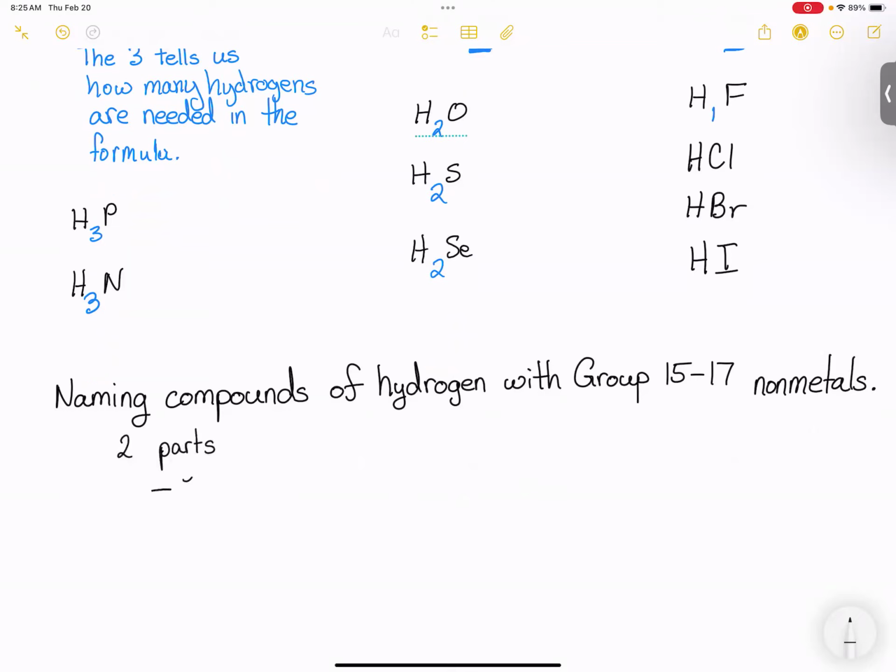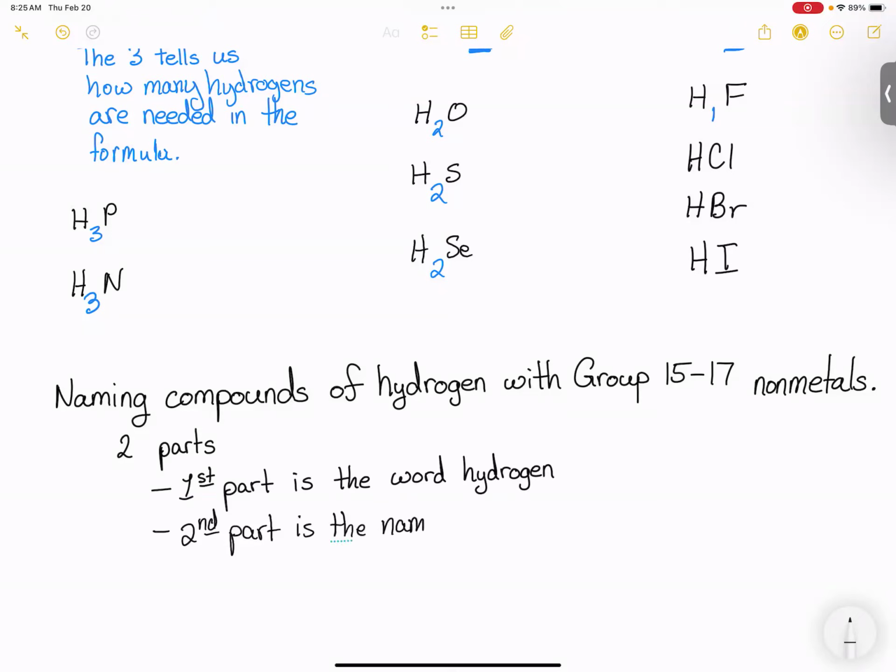The first part is the word hydrogen. The second part is the name of the second element with the ending IDE. In other words, we're naming that second element the exact same way we would if it were an ion.